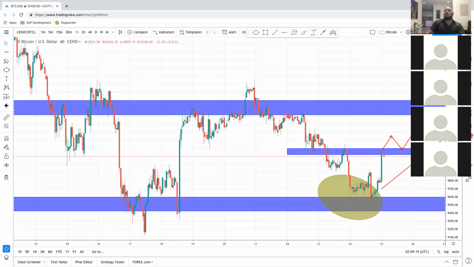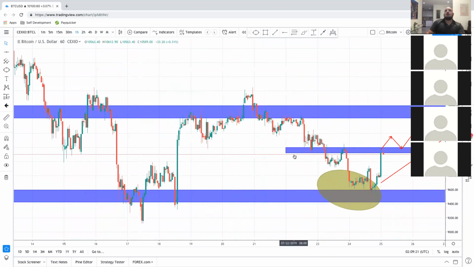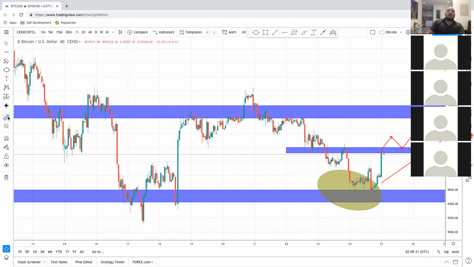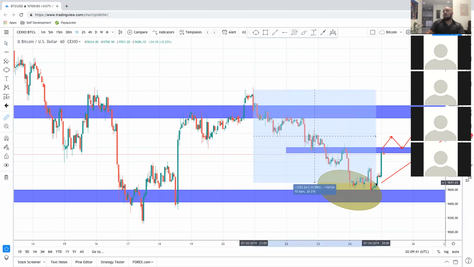So look, that's all that Bitcoin has done. Look at all the trades you could have gotten. It ranged from here to here, almost 1,400 pips. It ranged from here to here, that's 1,300 pips. It ranged from here, came back into the zone to here, that's 1,400 pips.